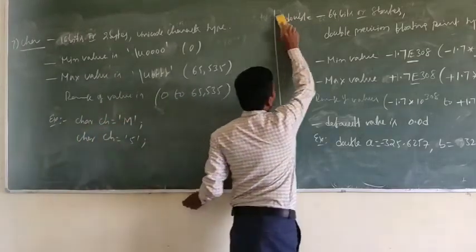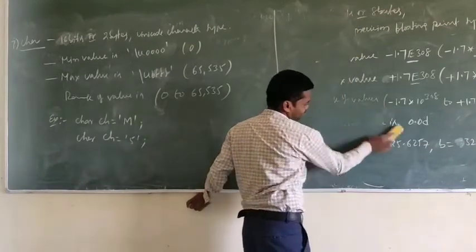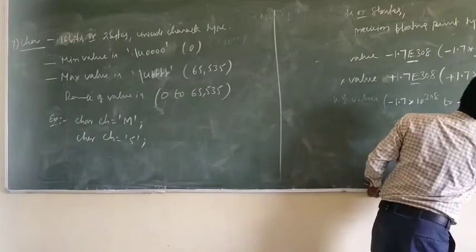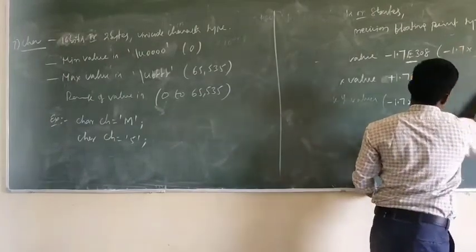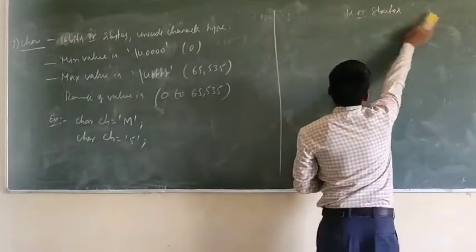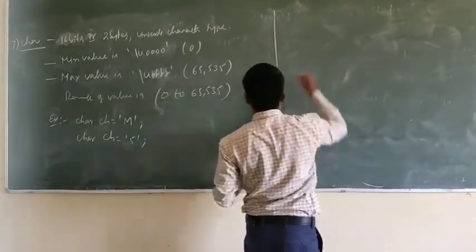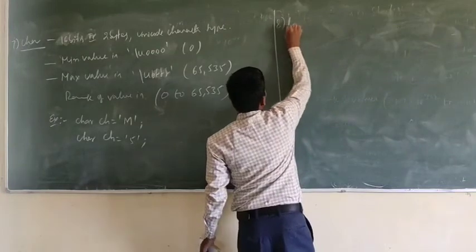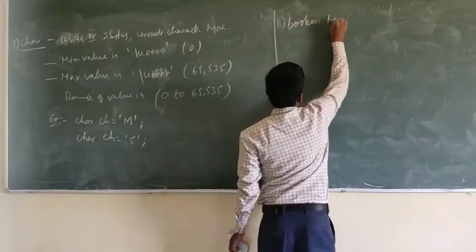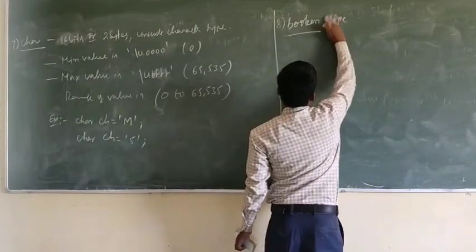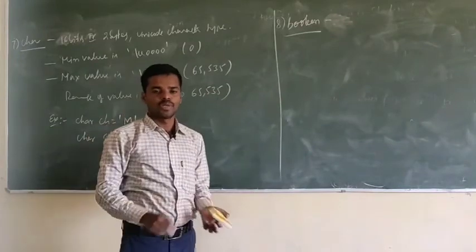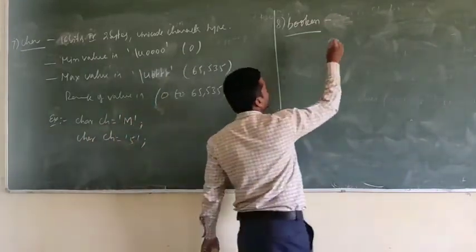Then last one is Boolean type. See, the Boolean type size is 1 bit.